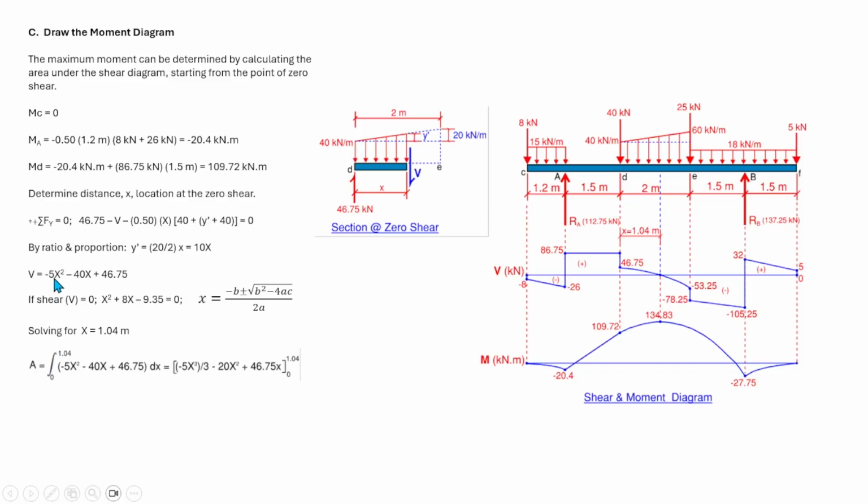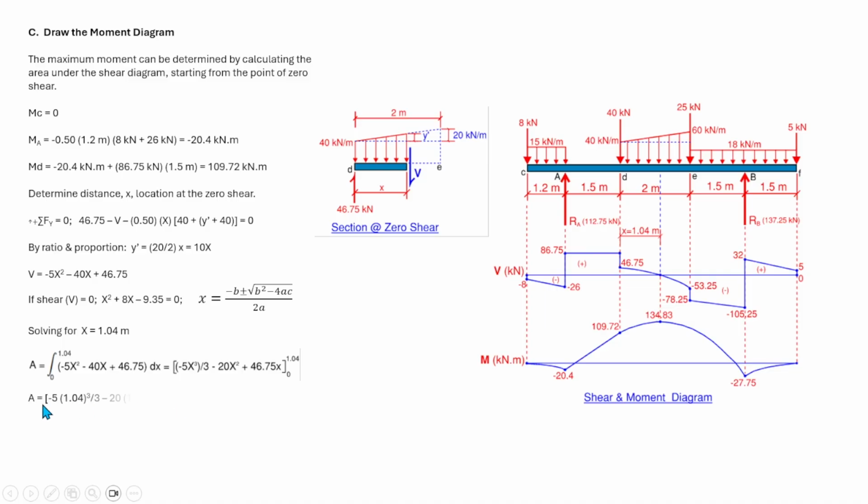So, by integrating the equation of our shear, that is minus 5x squared minus 40x plus 46.75 dx, evaluated from 0 to x equal to 1.04. That is equal to negative 5x cubed over 3 after integrating, minus 20 times x squared plus 46.75x.